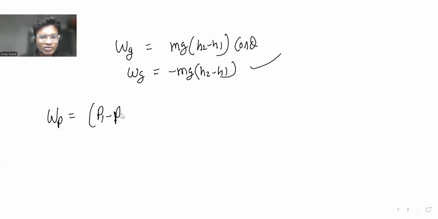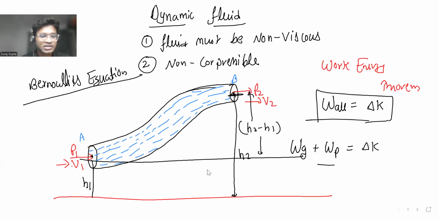And we all know the pressure difference. Now, what will be the next term? Change in volume, delta V, because the work done is going to be equal to P times delta V. Now, what is this volume? Let's suppose we are considering a very small portion of this liquid, from this point to this point.